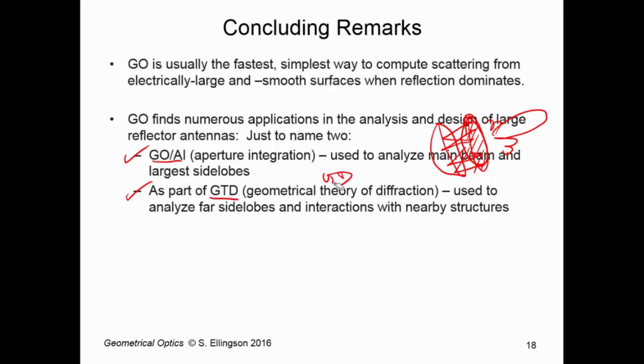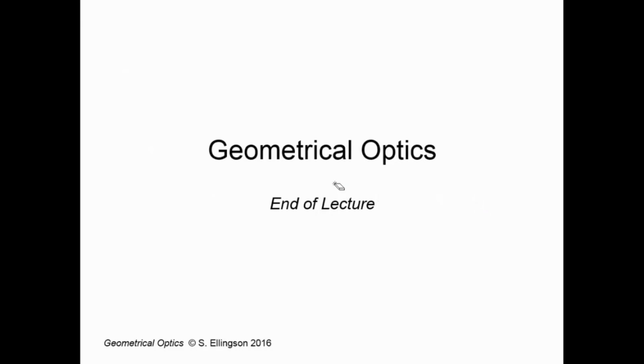So in GTD and UTD, you compute total fields, including diffraction, by summing diffraction terms with contributions from reflection and line of sight. And the latter two are obtained by geometrical optics. This concludes this lecture on geometrical optics.